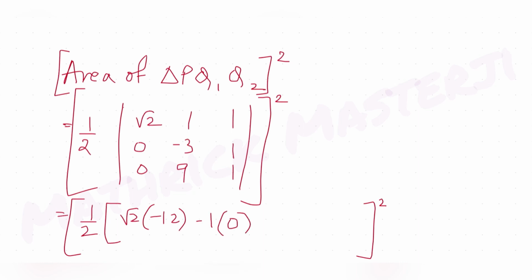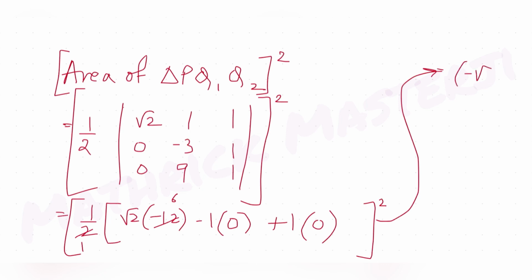So you get minus 12 root 2 divided by 2. This cancels and gives you 6, so minus 6 root 2, squared. Minus root 2 squared is 2 and 6 squared is 36. That's 72. So I get the answer for the question.